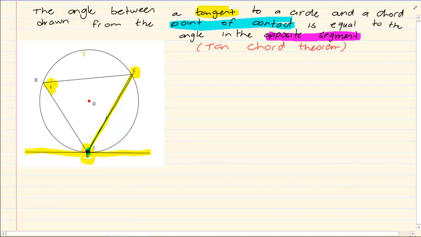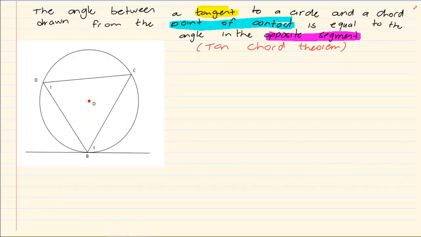So even though the entire place here is the opposite segment, the angle that is created with line BC is D1. Now that you understand the vocabulary, when I say the angle between a tangent to a circle and a chord, I'm referring to the tangent and the chord, then the angle I'm talking about is B1. And it is equal to the angle in the opposite segment, then the angle I'm talking about is D1.